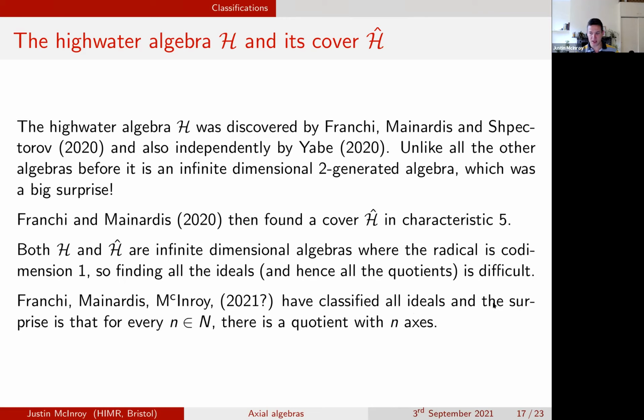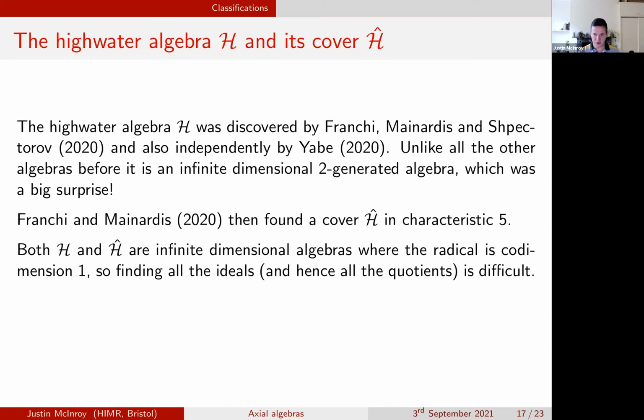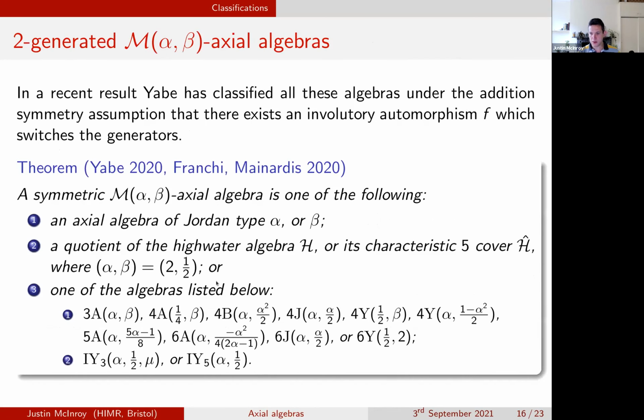And the surprise is that for every natural number, there is a quotient with that number of axes. So we have examples with that number of axes in all of our algebras. So here we can have a two-generated axial algebra with any number of axes in a closed set, and it also turns out in these cases you can as well.